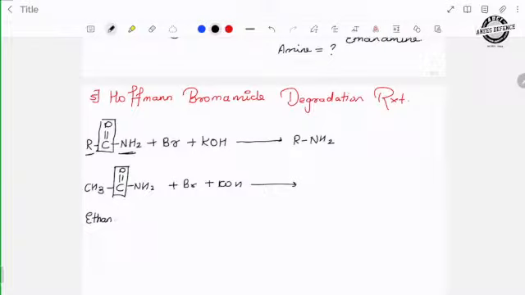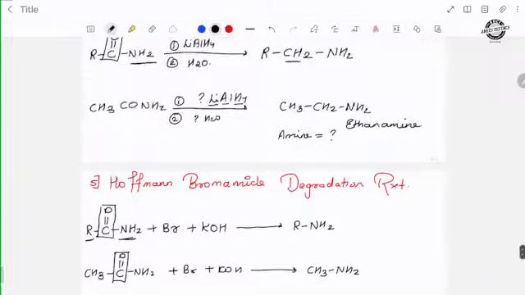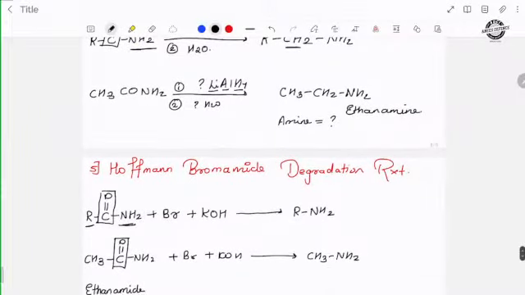So from ethanamide, if you do Hoffman bromamide degradation, you will get methanamine, one carbon less. In the above reaction it was the same, but there, if you take ethanamide, you get ethanamine only; you're not removing any carbon. But if you have to remove one carbon, you have to use this reagent and perform the Hoffman bromamide degradation reaction.